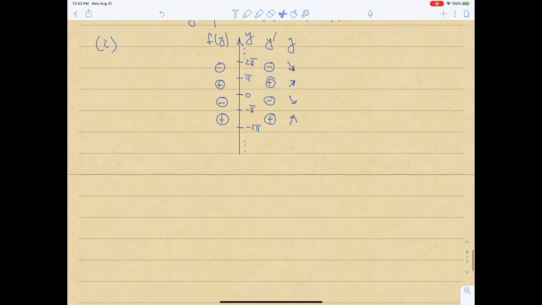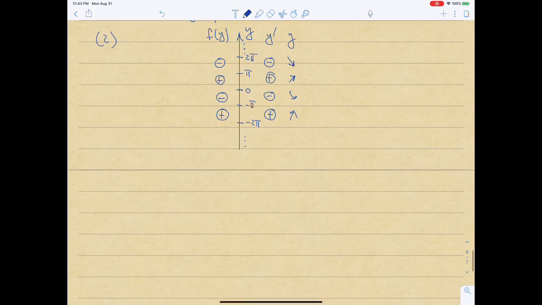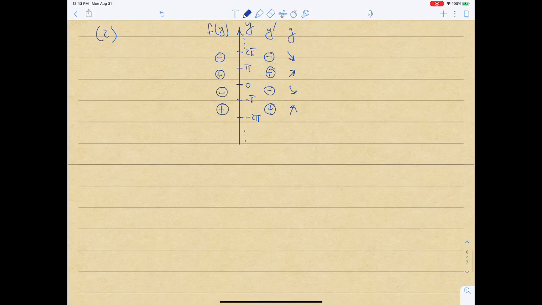And so now I can use this to reproduce possible solutions to my ODE. Notice again that we're working with f of y, with functions f that are always continuous along with their derivative. So I know for sure that no two solution curves can intersect. So let's sketch possible solutions.